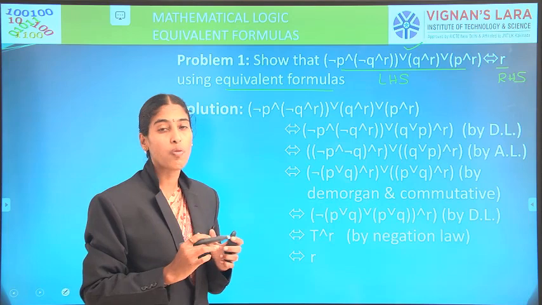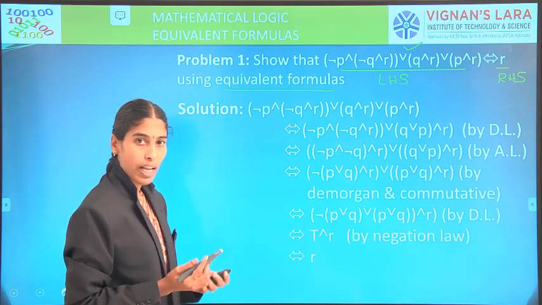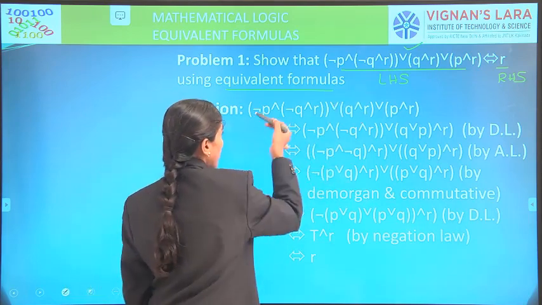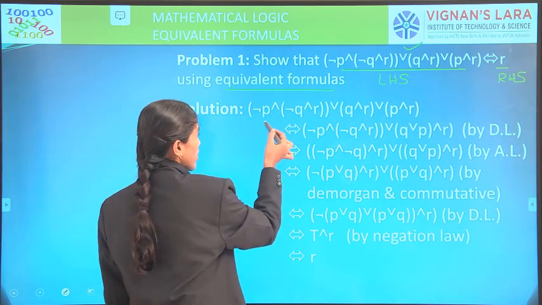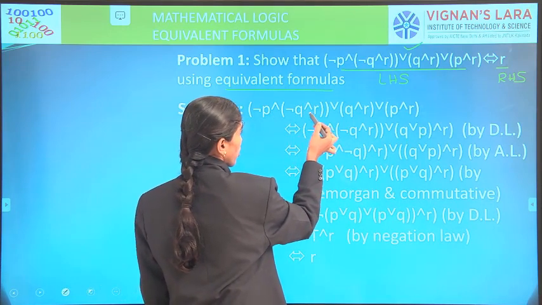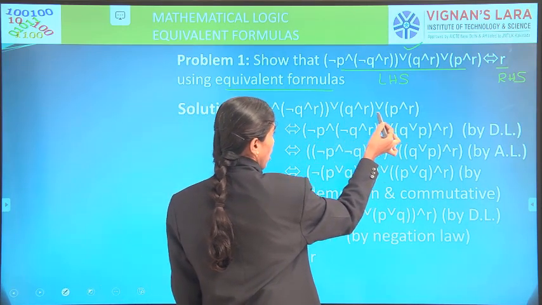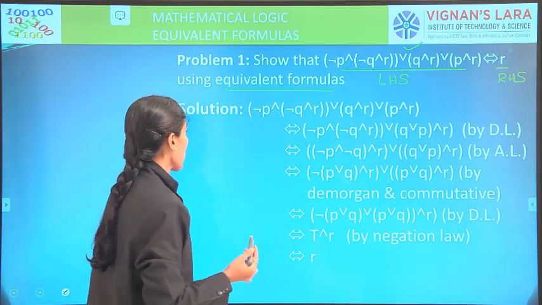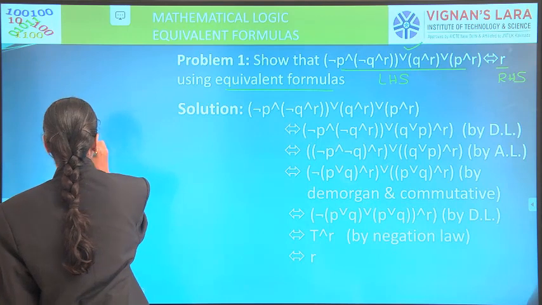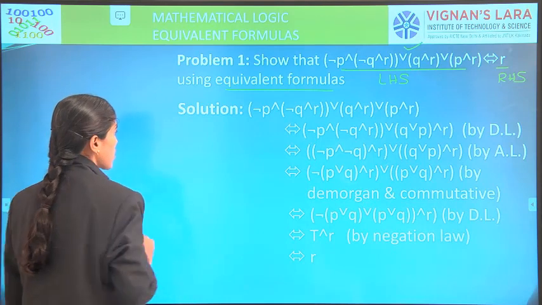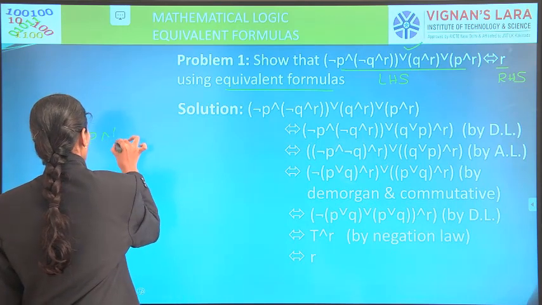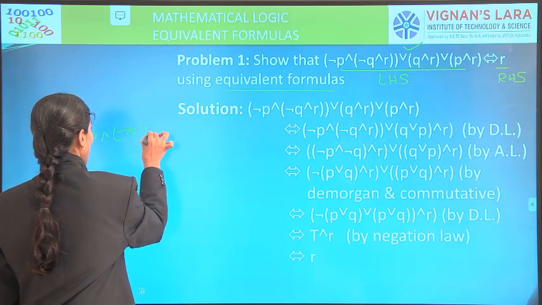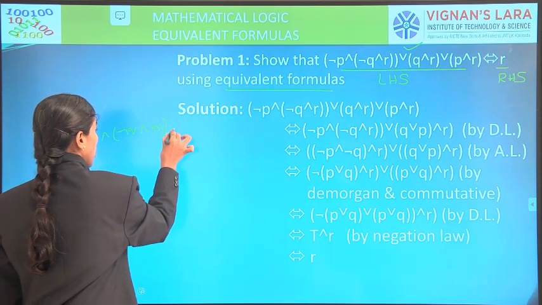It is easy when we use the equivalence formulas. So consider the LHS term, which is negation P AND negation Q AND R, OR Q AND R, OR P AND R, right? So we consider that one. Here I solve this problem step by step because at the first time it is difficult for students.